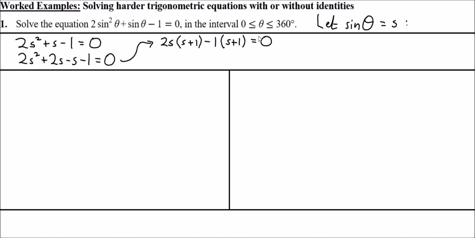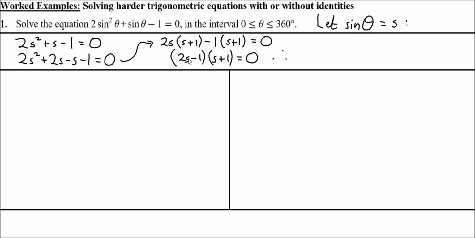all equaling 0. So the 2s and the minus 1 can form together to make their own bracket, so 2s minus 1, brackets s plus 1, equals 0. Therefore, we have two possibilities of what sine theta, or our s, needs to be.